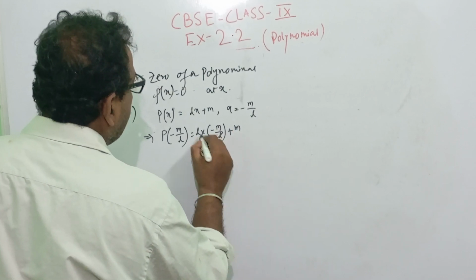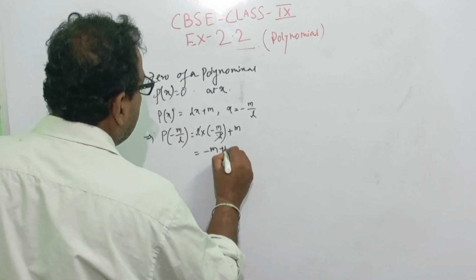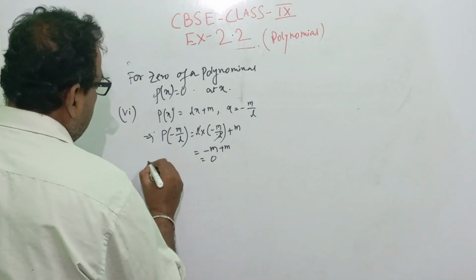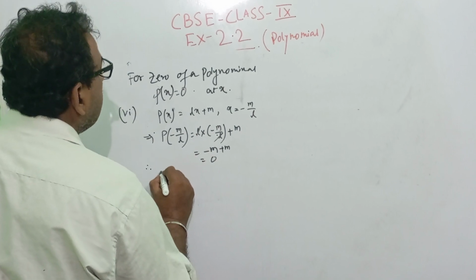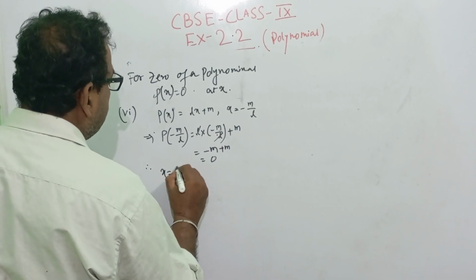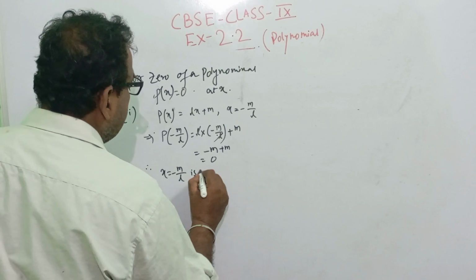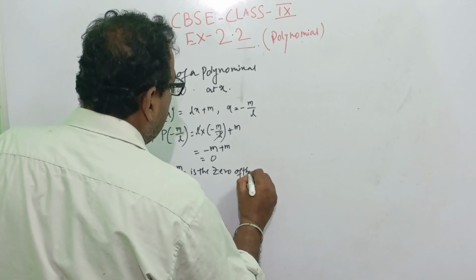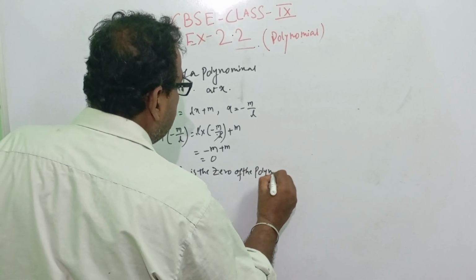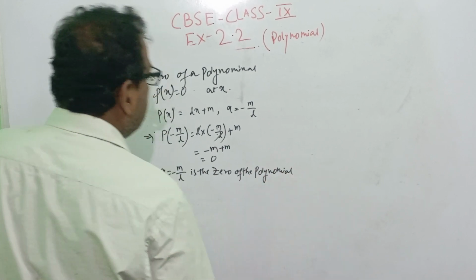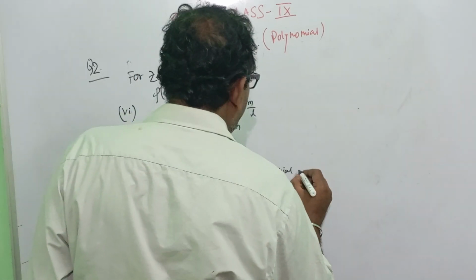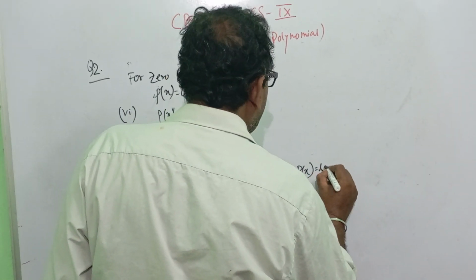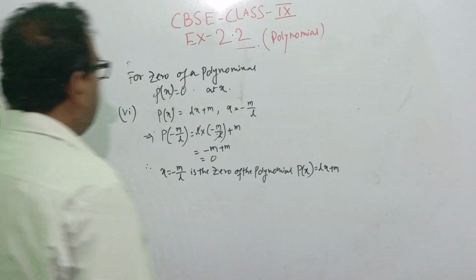So that is minus m plus m. So this is 0. Therefore x is equal to minus m by l is the zero of the polynomial lx plus m. Understand that?